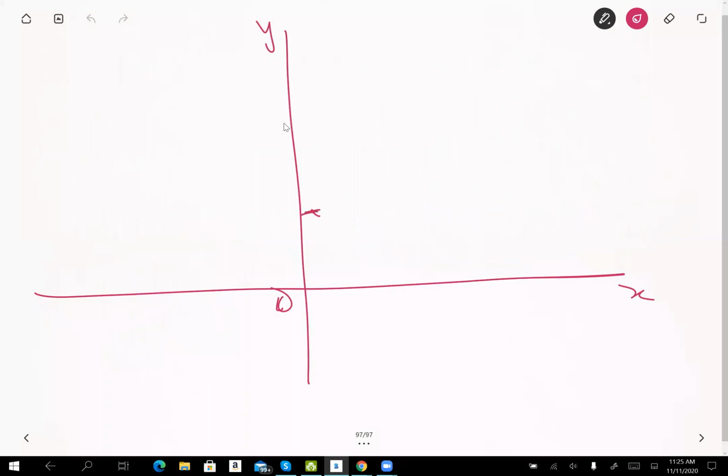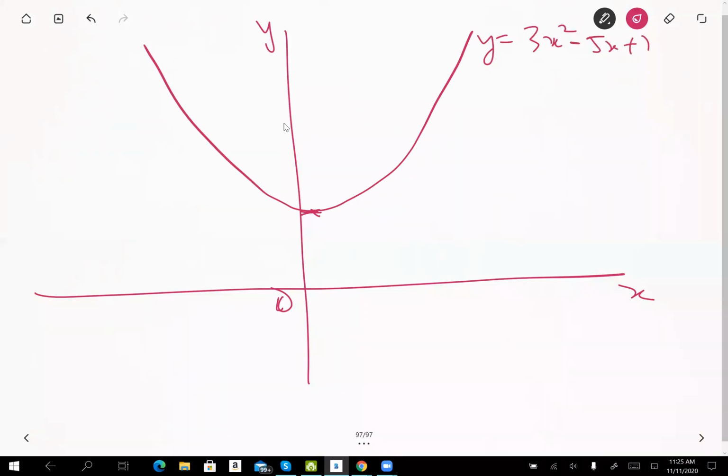Here the slope is positive, so it's going up. From there, it's going down. So you have y equal to 3x squared minus 5x plus 20, and the critical point is of course 0.83, 17.9.